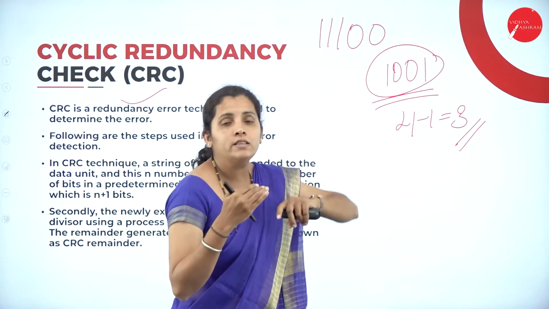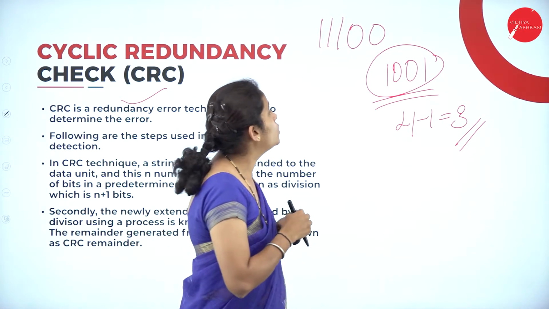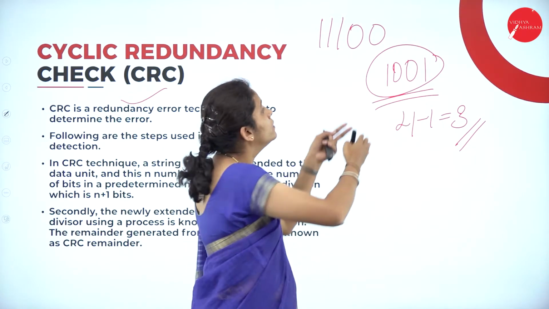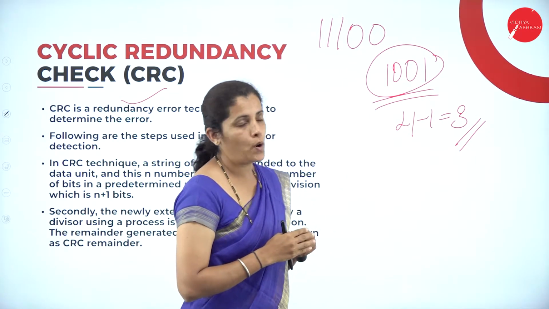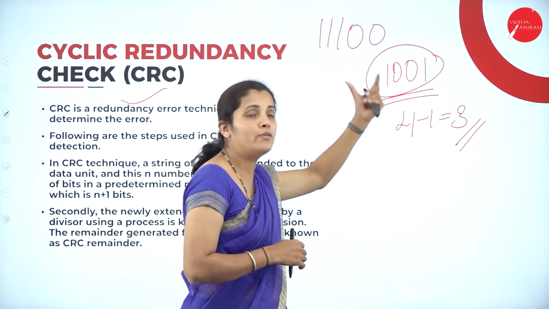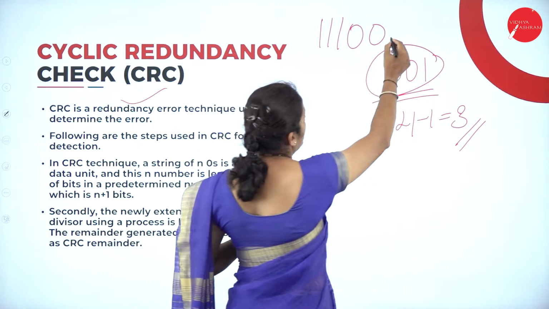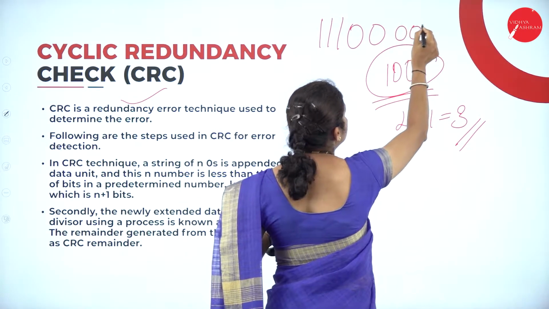So what is the formula to calculate? That is the total length of your divisor minus 1. What is the length of the divisor? It is 4. So 4 minus 1 is 3. So what do I want to do? I want to add 3 zeros.